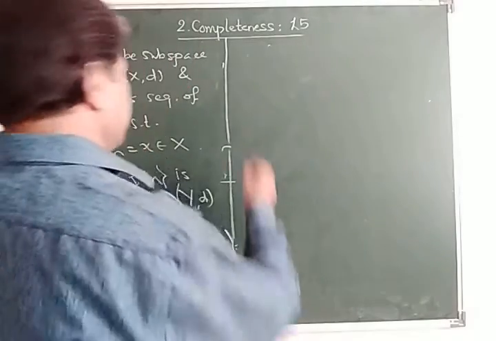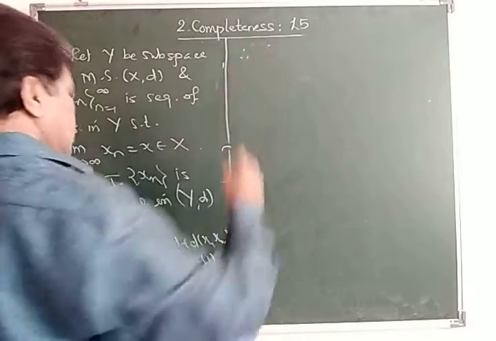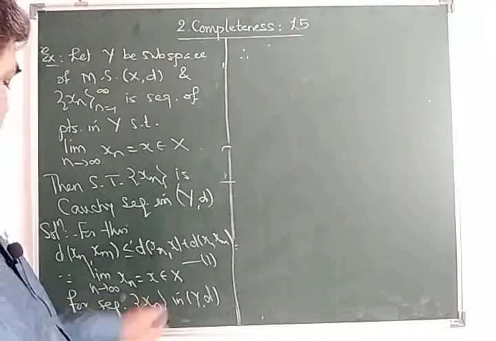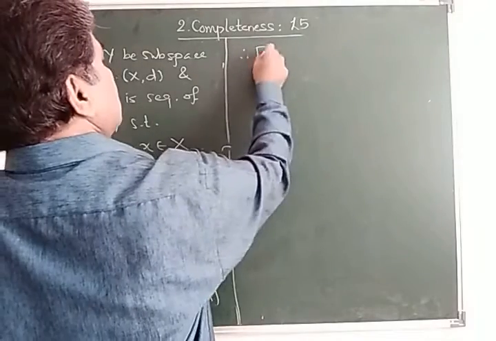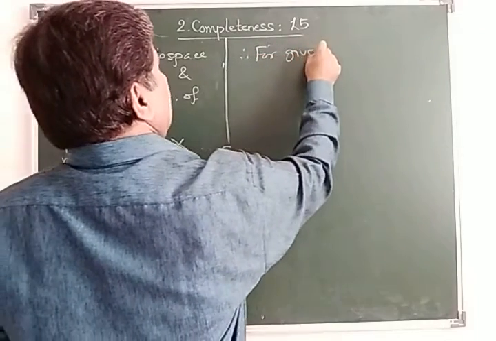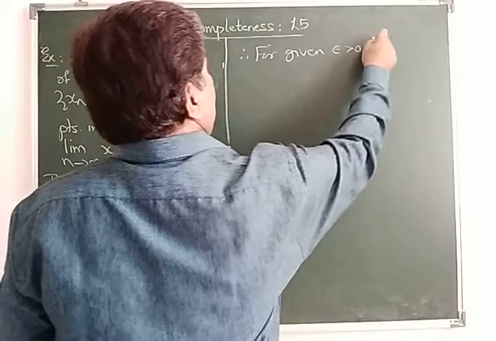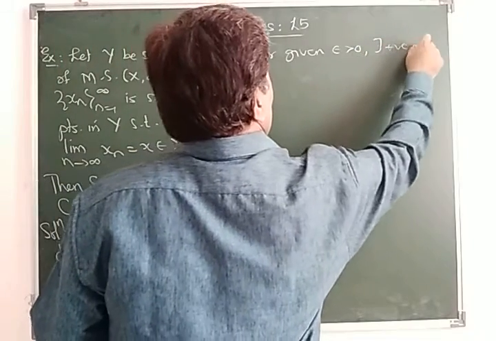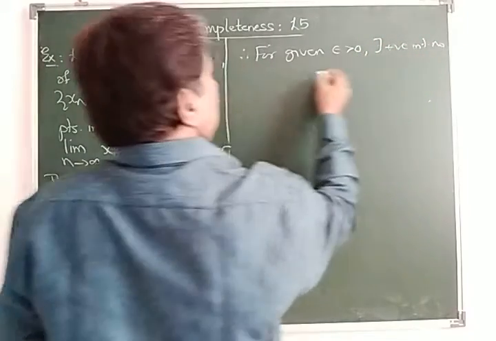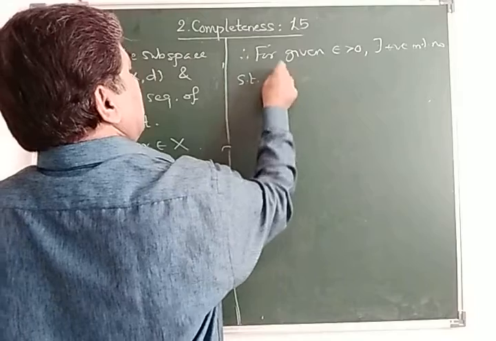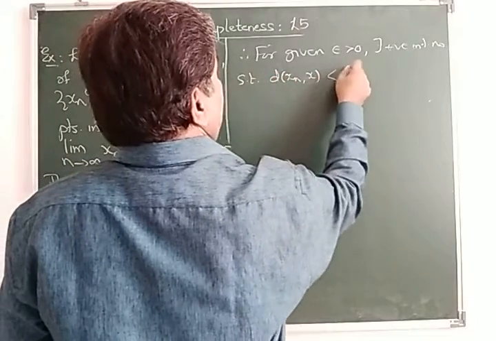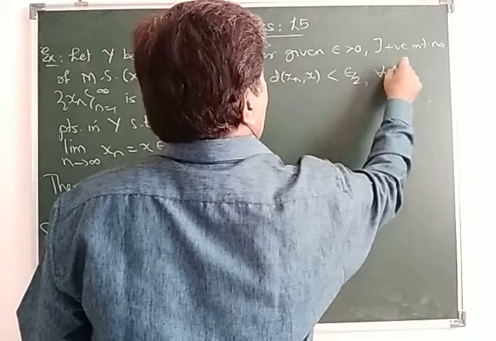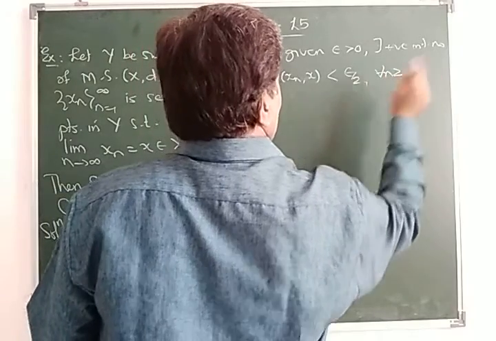Therefore, for given epsilon greater than 0, there exists positive integer n0 such that d of xn x is less than epsilon by 2 for any n greater equal n naught.